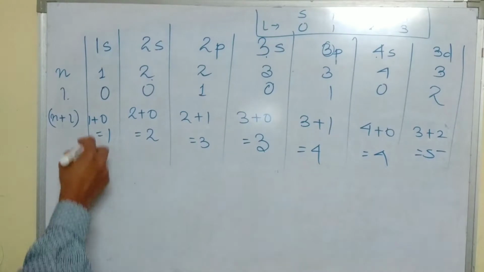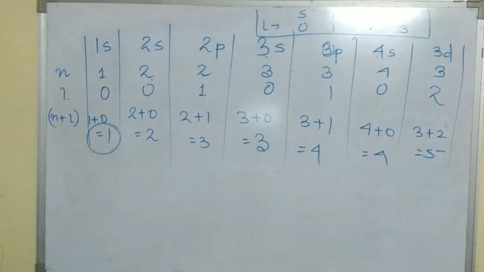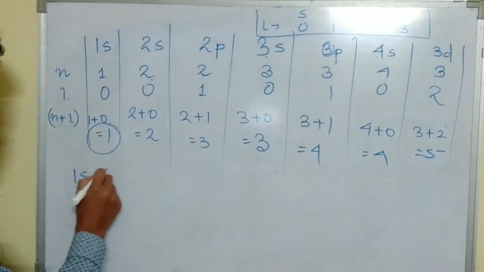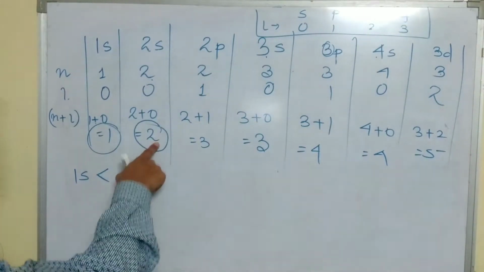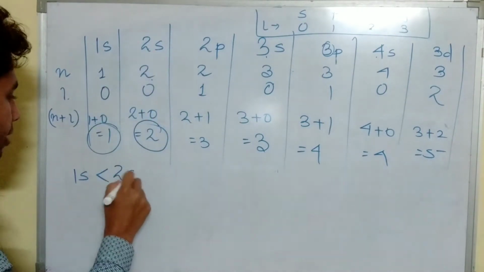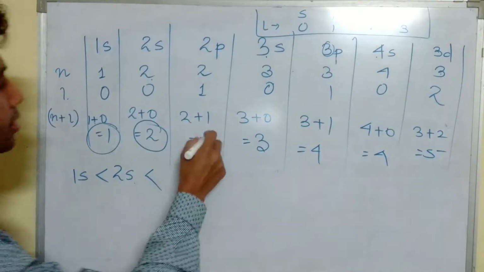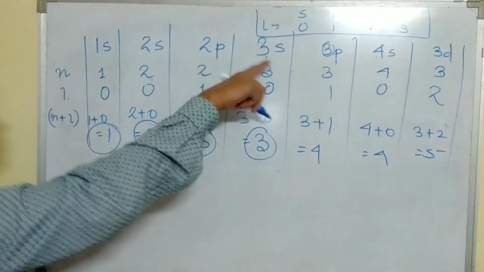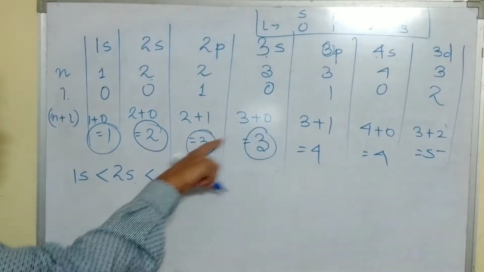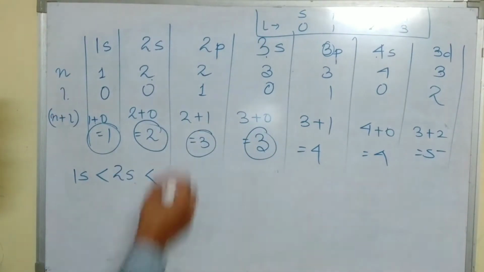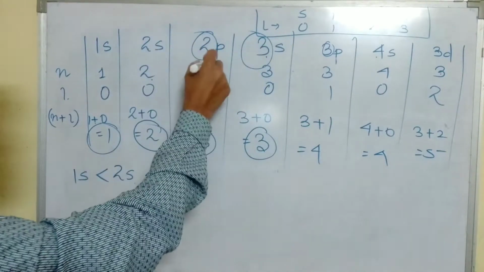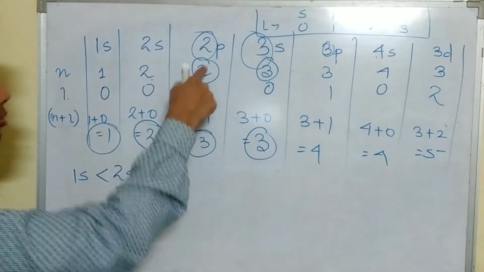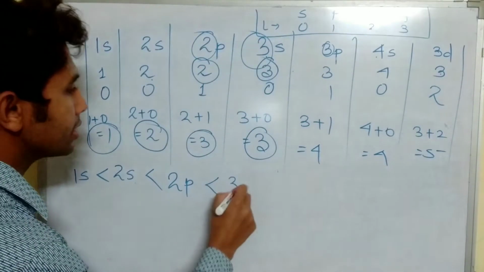You see the lowest n plus l value is for 1s, so it has the lowest energy. Then after that comes 2s. After that, 2p and 3s both have the same n plus l value. In this case, the one with the lower n value comes first, so 2p comes first, then 3s.